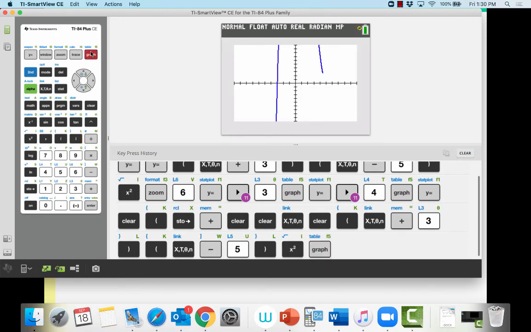And when we graph it, we can see that the negative 3, which has odd multiplicity, goes through the x-axis, and then it goes up and comes down, and the 5, which had even multiplicity, touches and bounces off the x-axis.